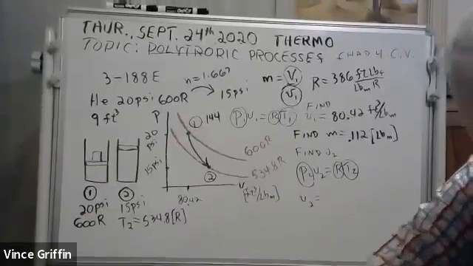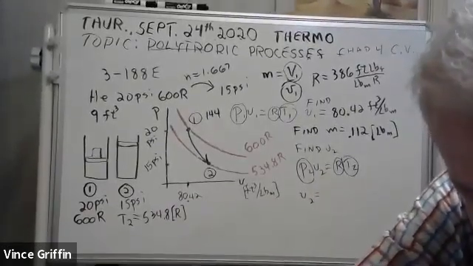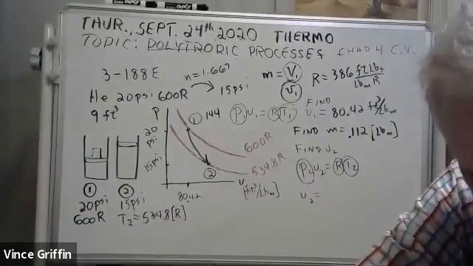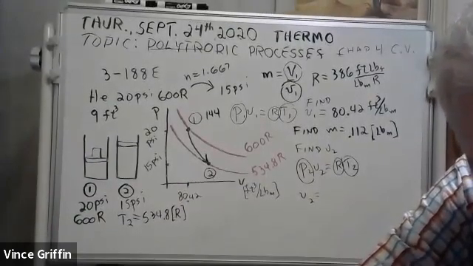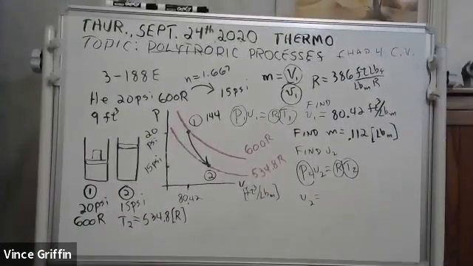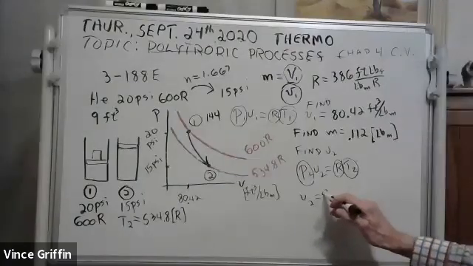Well, I wonder if anybody got that. Let me go to my friend here, Nathan. Nathan, unmute and tell the gang what you got for the V2, the specific volume at state 2. What'd you get, Nathan? 95.6. That's what I got.